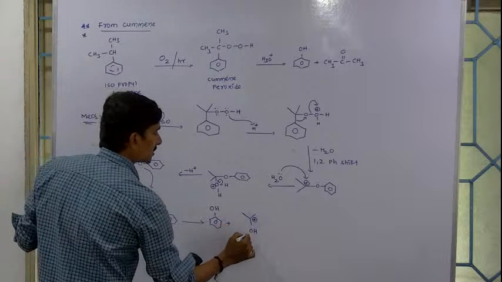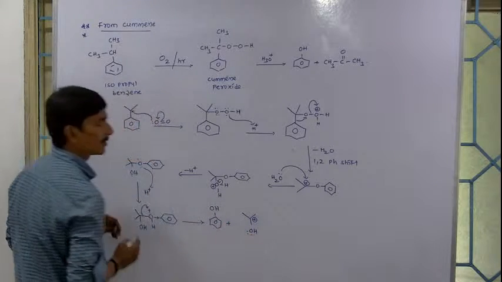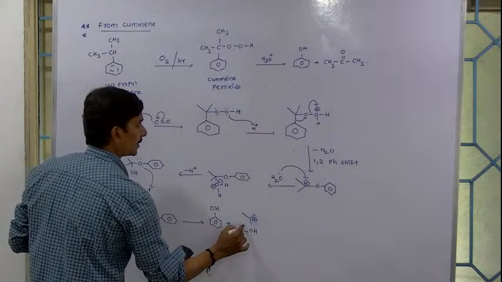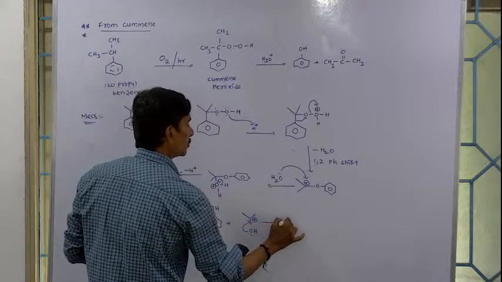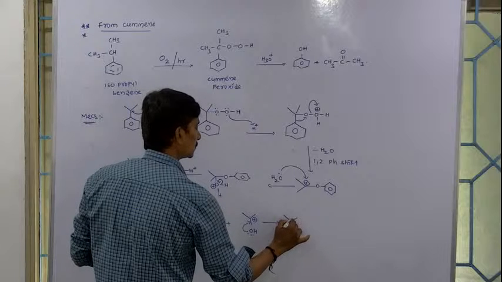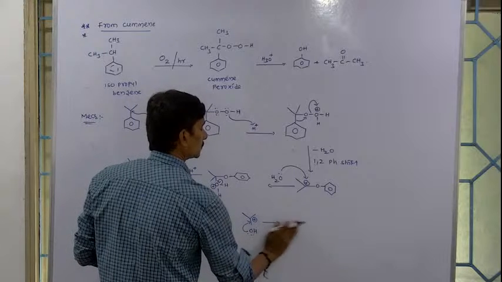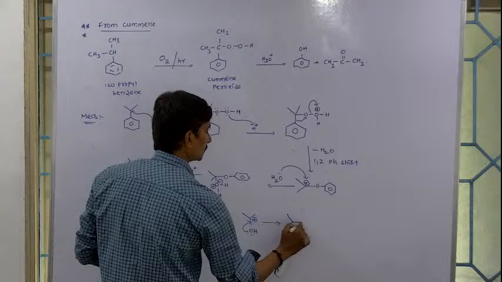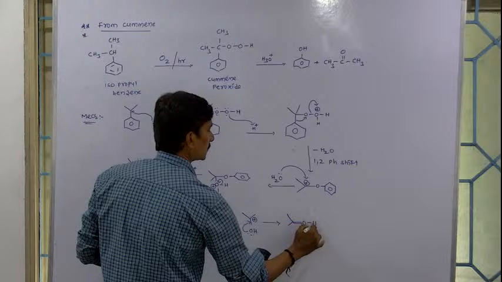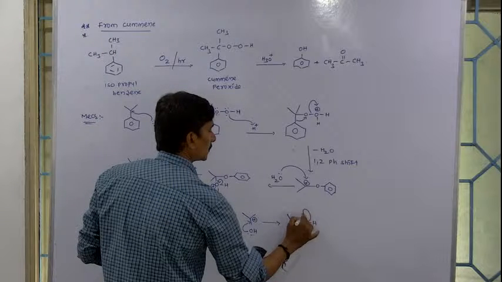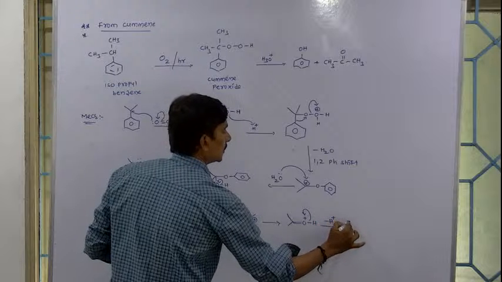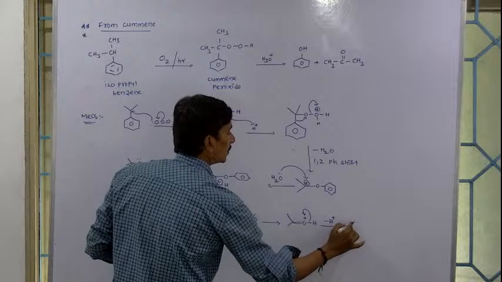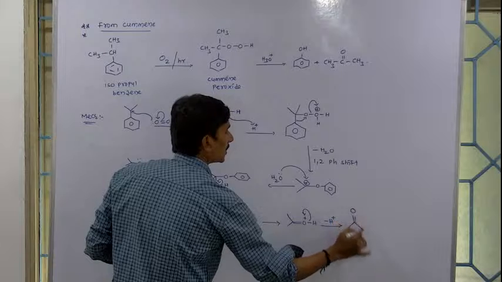This positive charge is in resonance with this lone pair of electrons. So by giving back electrons and removal of H plus ion, it will be converted into acetone.